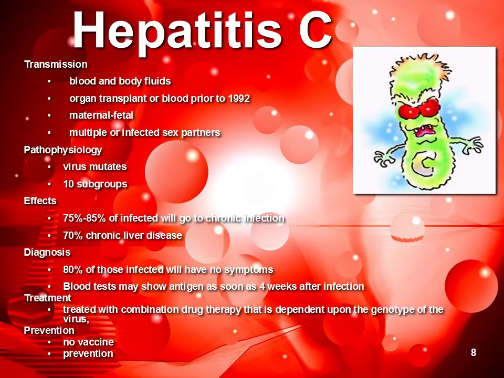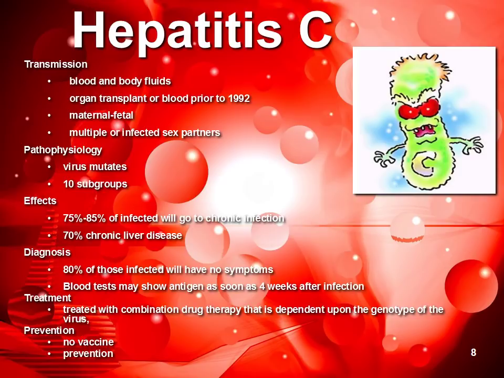Someone at high risk for hepatitis C is also at risk for hepatitis B and HIV. Virus has been detected in breast milk, but transmission is rare as it takes a very high titer in the mother in order for the infant to contract the disease.